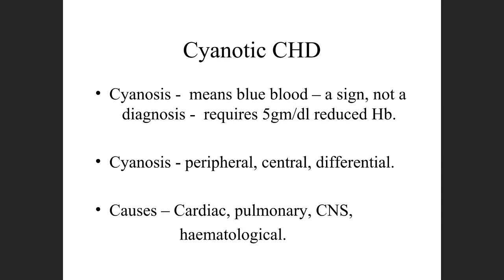The causes of cyanosis may be cardiac or pulmonary in origin, and may also be secondary to central nervous system conditions. And in these central nervous system conditions, there is depression of the respiratory center, and these patients are usually comatose.